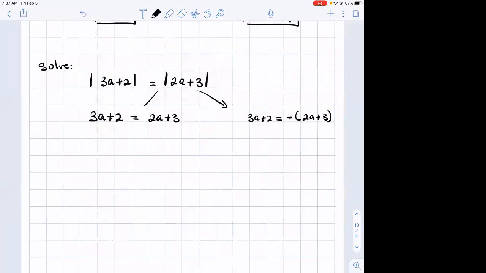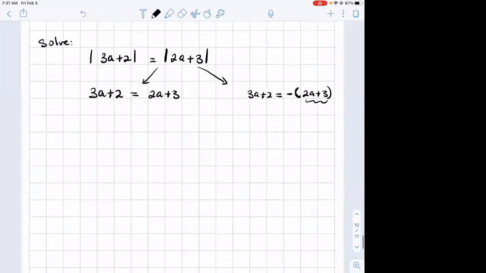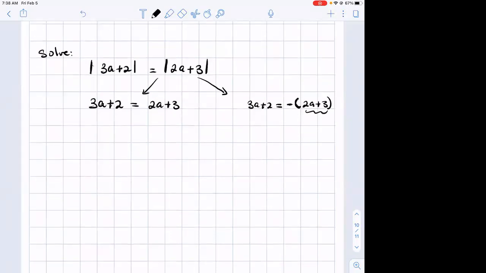Okay, so I put it in parentheses here because you now have two terms in here. Yeah? And then you solve each one of these equations individually. So be careful, do not drop the absolute value and say since it's on both sides of the equal sign, they cancel out. That's not true.